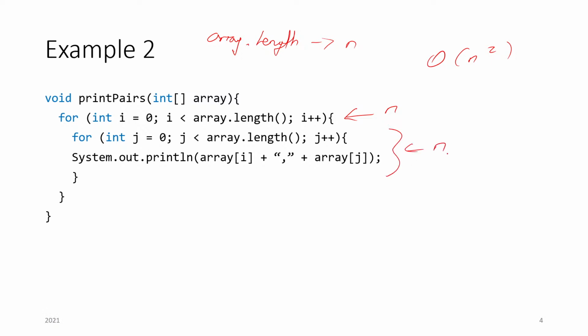Because they are nested, we have to wait for all the iterations of the innermost loop to be completed first for the outermost loop to register just one iteration.